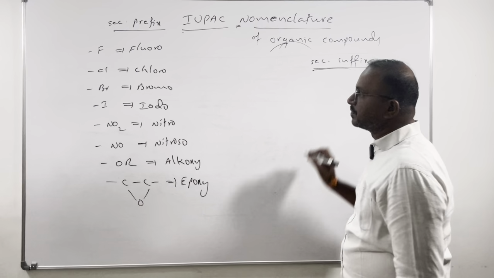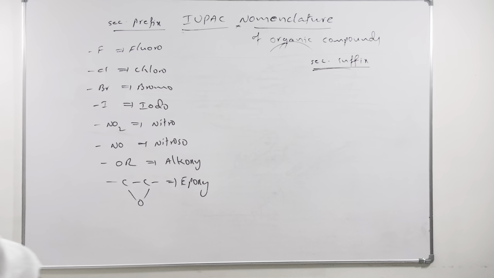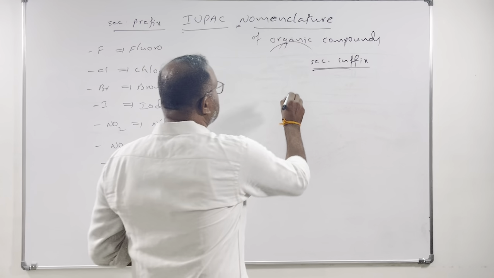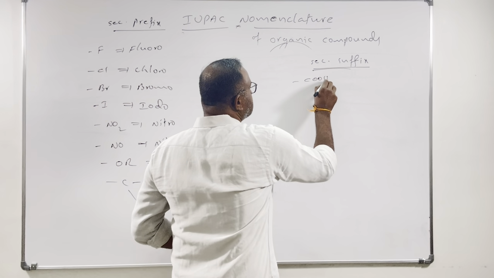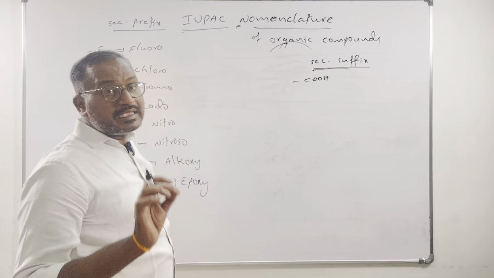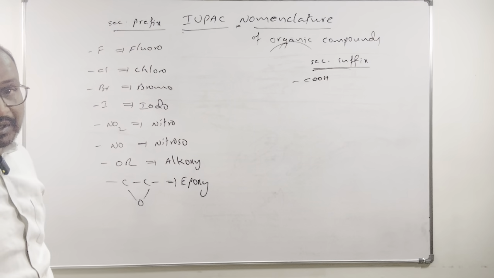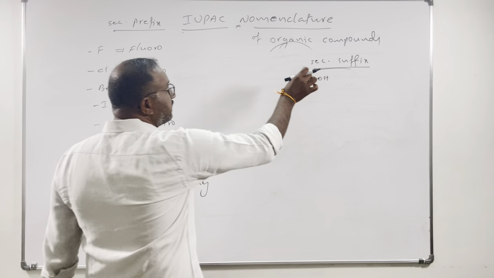What are the secondary suffix groups? According to priority order, I will write them. The first one is COOH. It is the highest priority group; no group has higher priority than this.